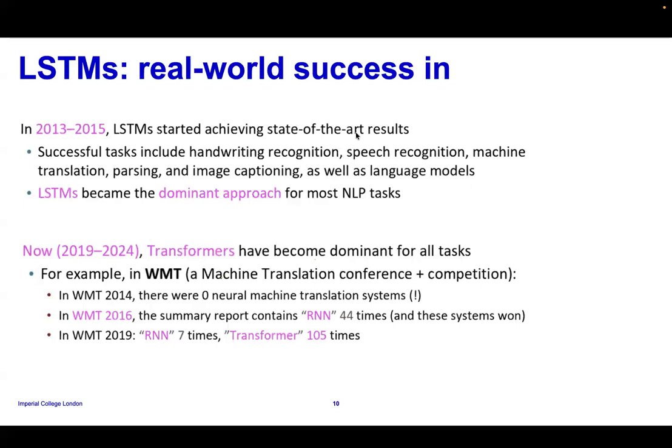LSTM is a variant of RNN that introduced some other components, but in these years it became the best architecture for solving real-world problems. Some of the real-world problems it solved include handwriting and speech recognition and machine translation, and it even became the most dominant approach in NLP.